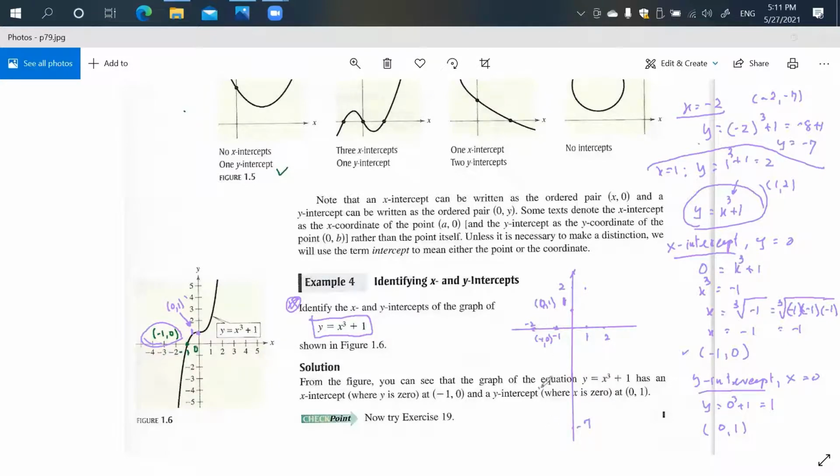So negative 2, negative 7 is right here. Then you can plot the approximate graph. Because my scale is not the same as theirs, this is enough. So this one curves up a little bit, and this one goes down here. It's somehow like that.